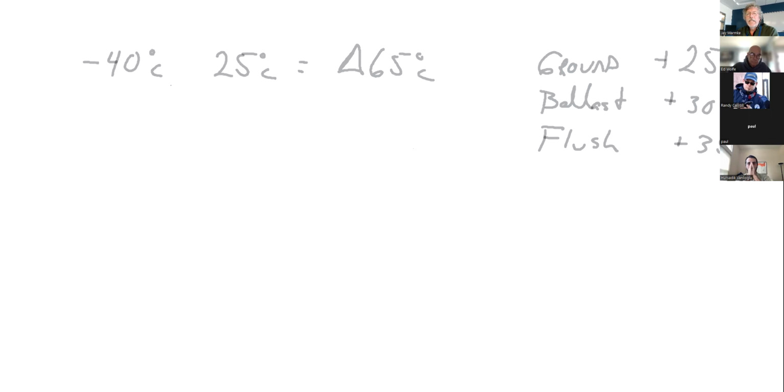And then we take 65 degrees times the temperature coefficient for that particular panel. Let's say we've looked it up on the panel spec and it's 0.3% per degree Celsius. That's the temperature coefficient at VOC, and you'll get that from the solar panel spec.